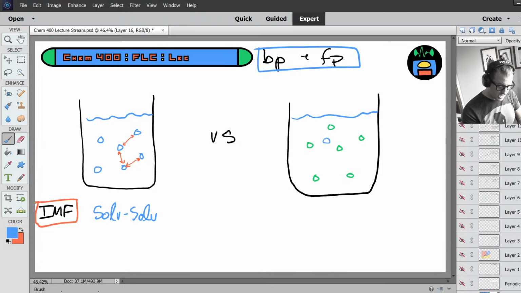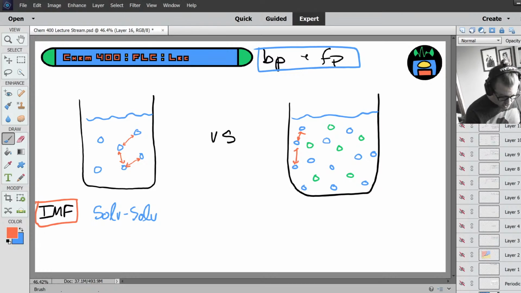This is not the case when you have a solute dissolved in a solvent. You do still have the solvent-solvent attraction, solvent molecules attracted to other solvent molecules.